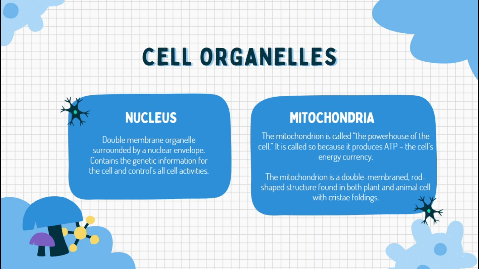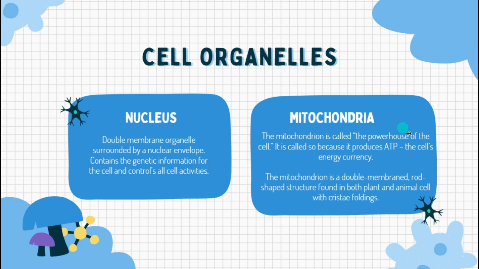That is why it's double membrane, because it's not just one membrane around it. On this envelope there are some pores, and that's basically how the exchange of information between the cell and the nucleus takes place.